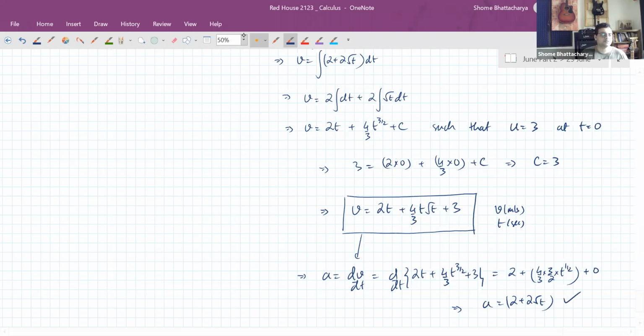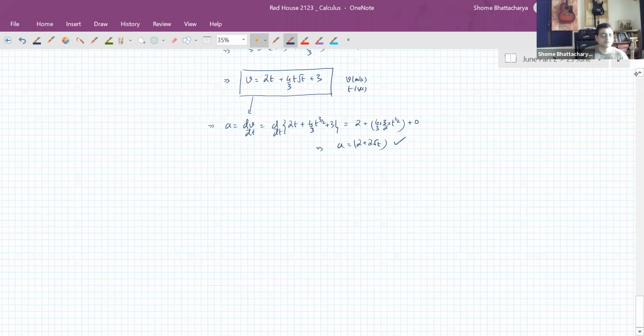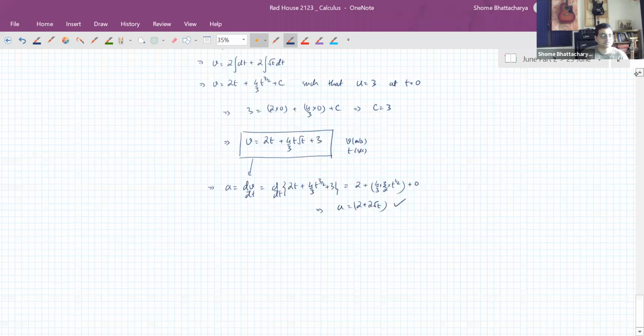Okay. So it verifies that what we had found out is the correct value of instantaneous velocity corresponding to the given value of instantaneous acceleration.